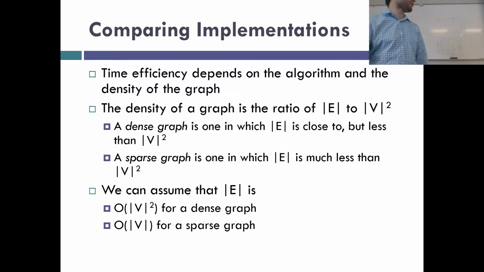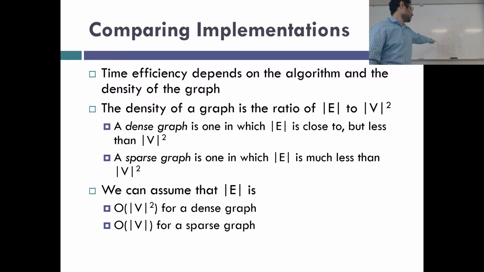So the idea here is that, notice in this adjacency matrix, we've got a list of all possible combinations of edges, right?